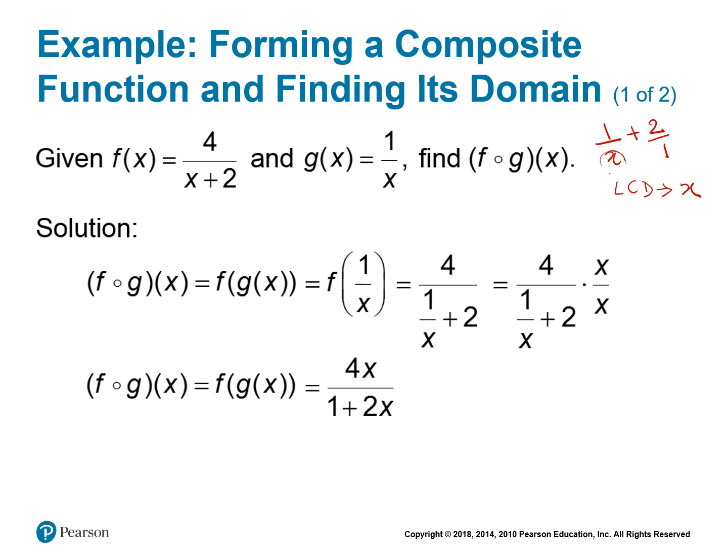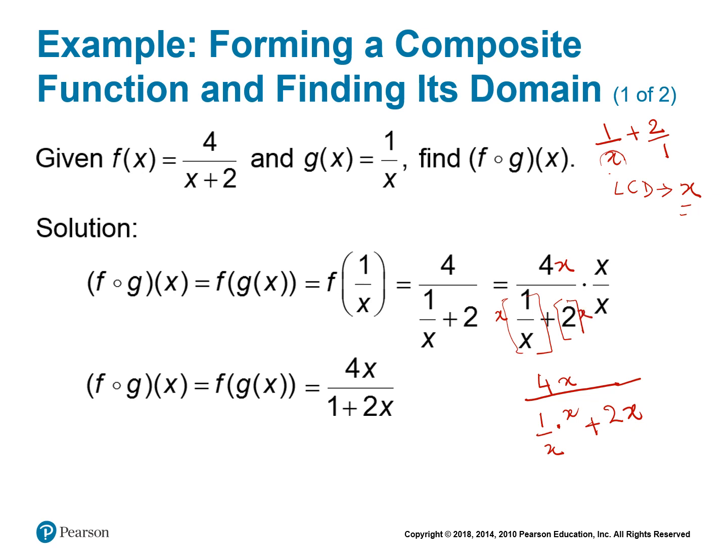So we take 4, multiply that by x, then this is a term, right? 1 divided by x is a term. So 1 over x multiplied by this x, which is the LCD, and then plus 2, multiply the 2 by x as well. Basically you are multiplying all the terms by x.